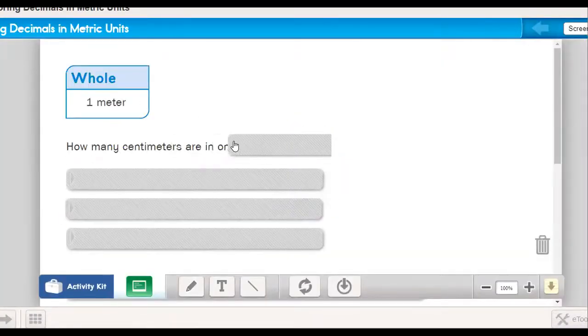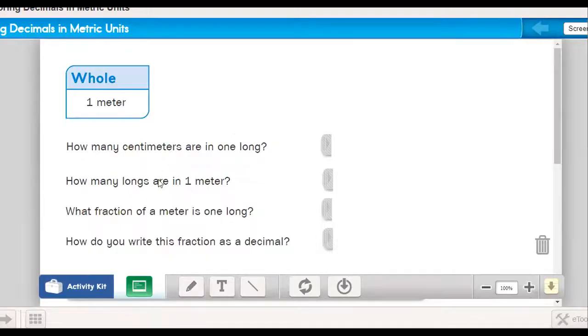Here we go. We're going to talk about meters. So how many centimeters are in one long? So we're considering a long as in 3. So each long we're going to say is a 10.